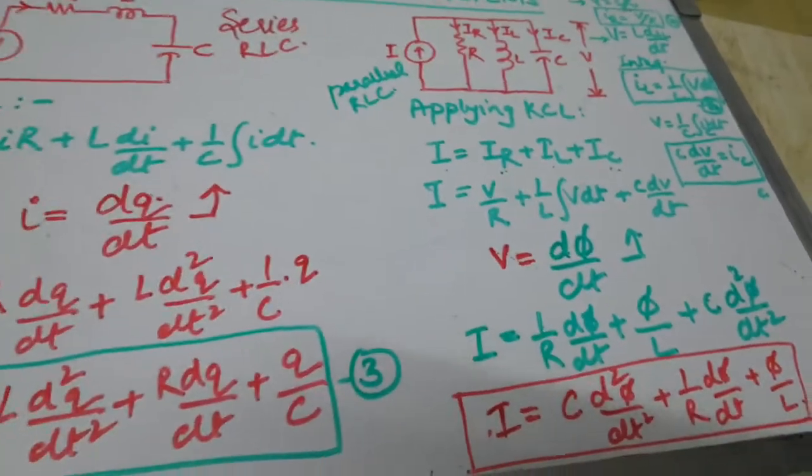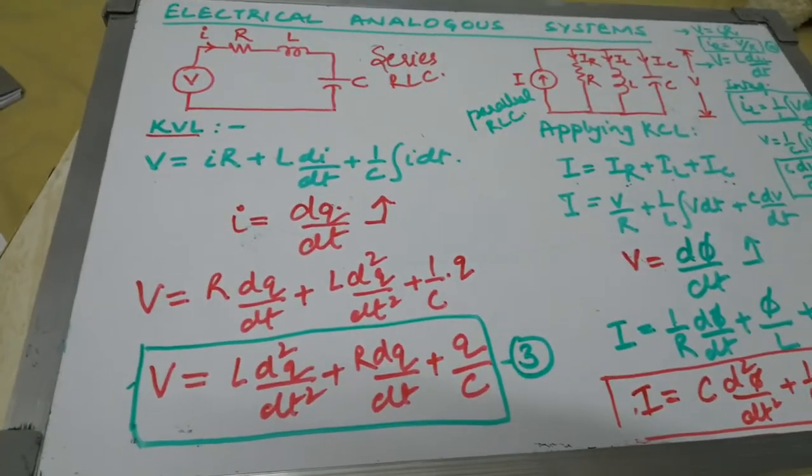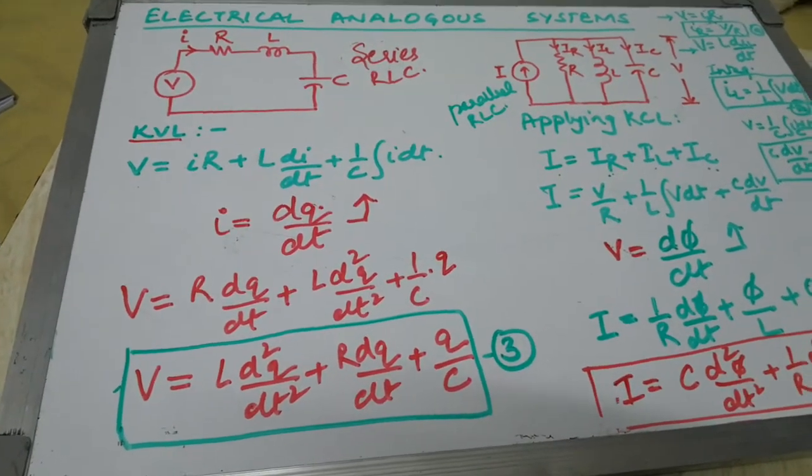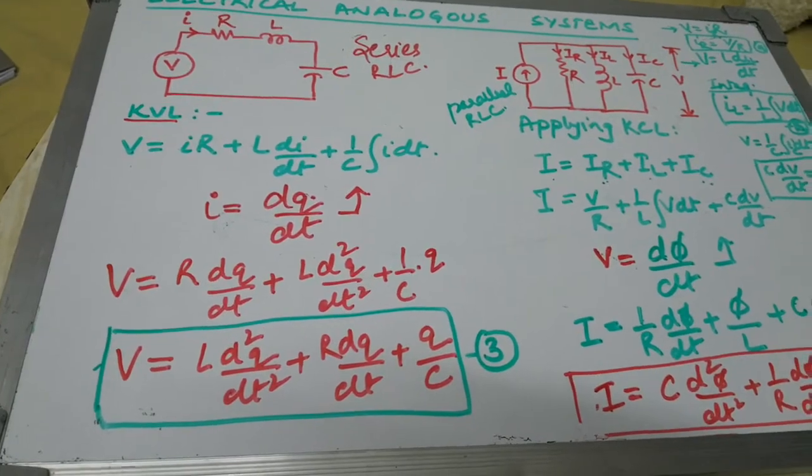Now I am going to write all these 4 equations to make the analogy table that is going to be most important and used again and again for doing the analogy numericals.